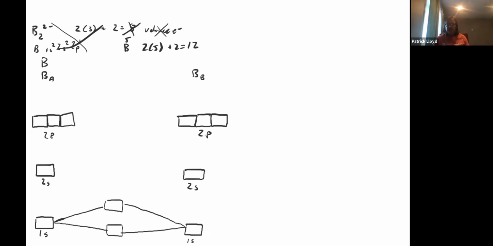So when those 2 atomic orbitals, the one on the left and the one on the right, mix, you get 2 new molecular orbitals. One's lower in energy and the other one's higher in energy. This one is called sigma 1s, and this one's called sigma 1s star.